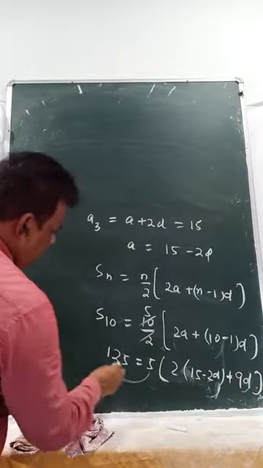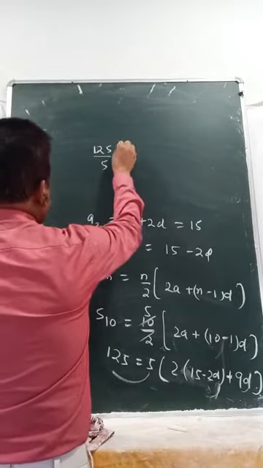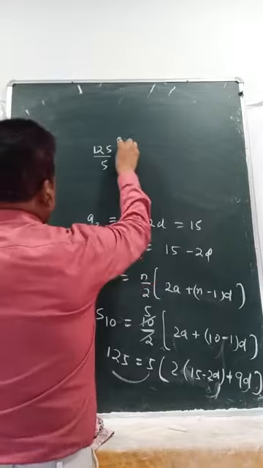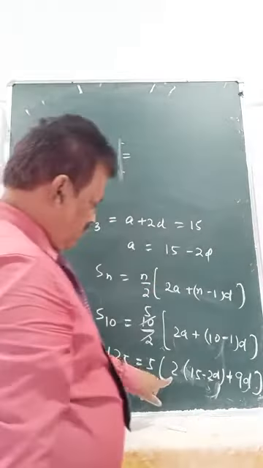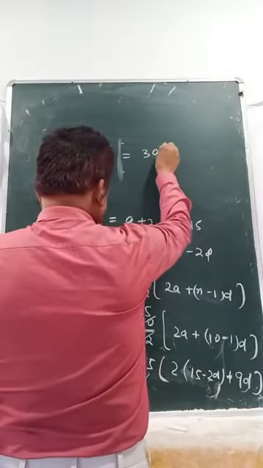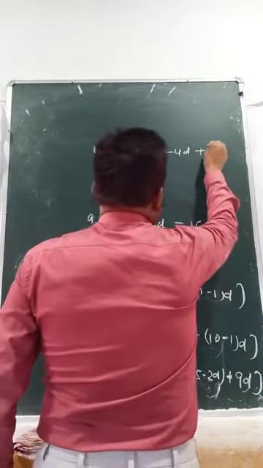This 5 you divide here. 125 by 5 equals 30 minus 4D plus 9D.